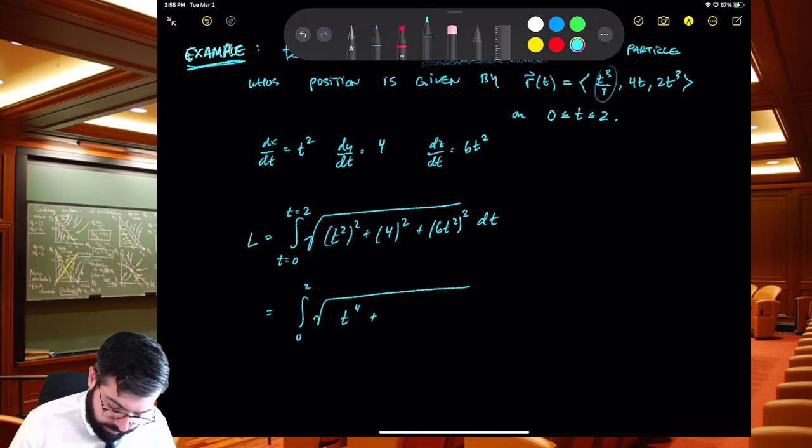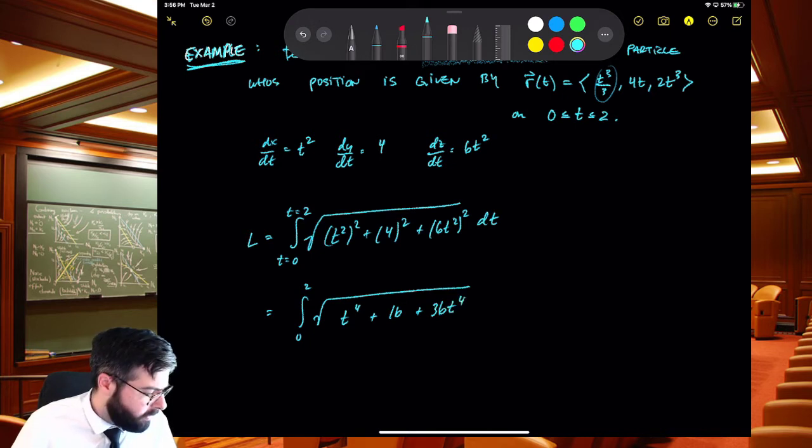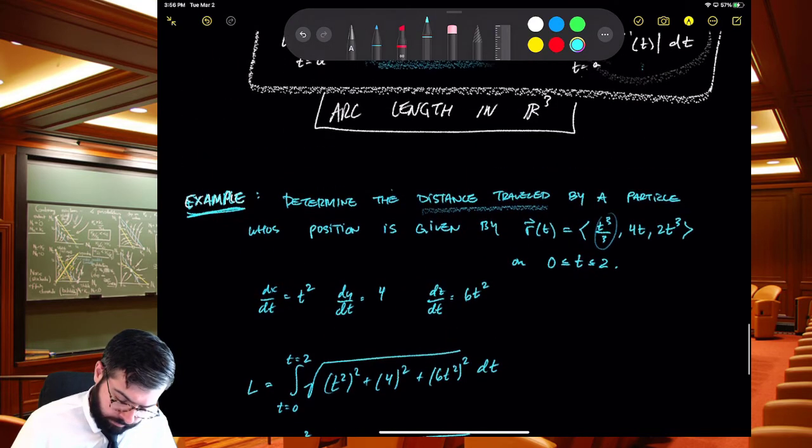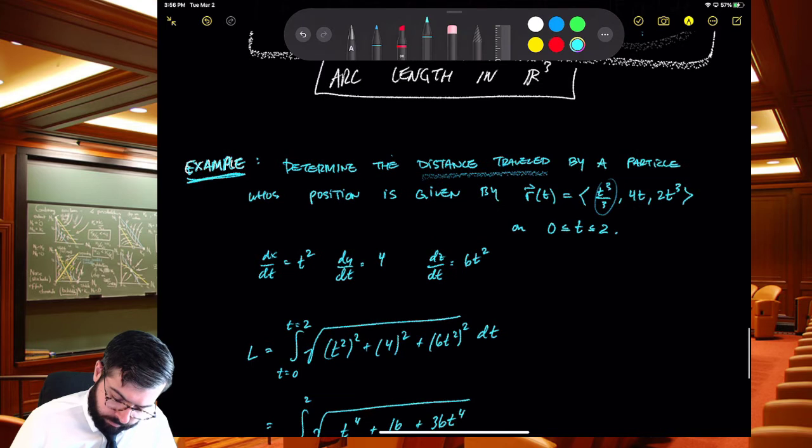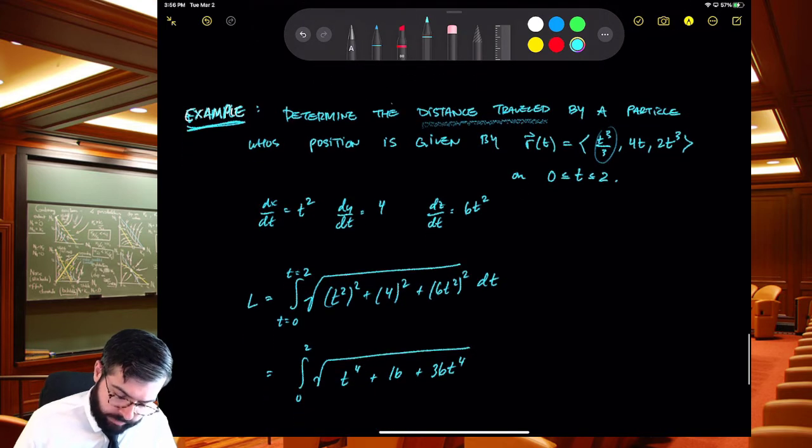Plus what? Plus 16. 36t to the fourth. I think something's backwards here. Oh, this isn't going to work out. Small edit.